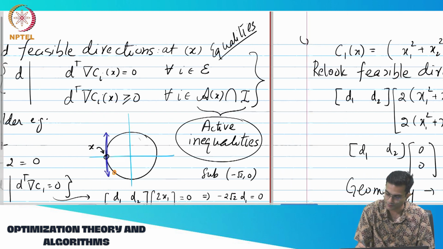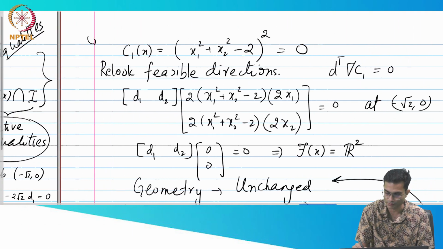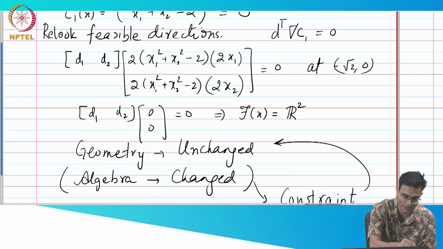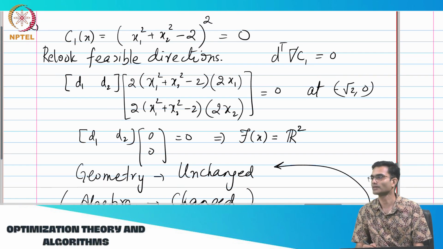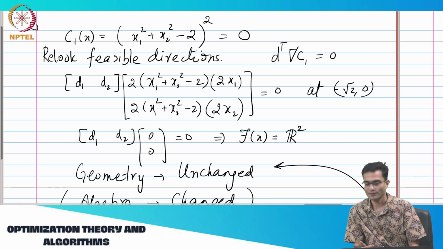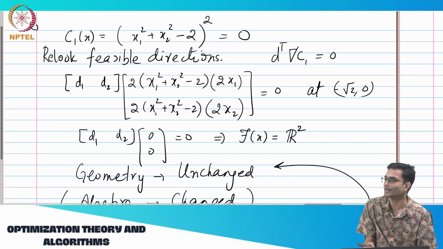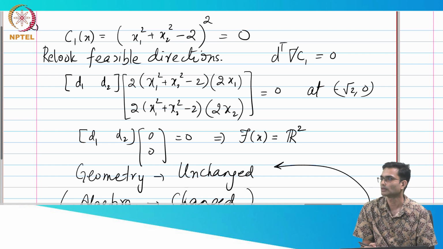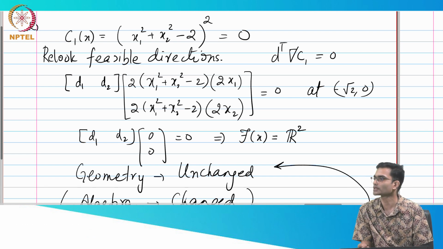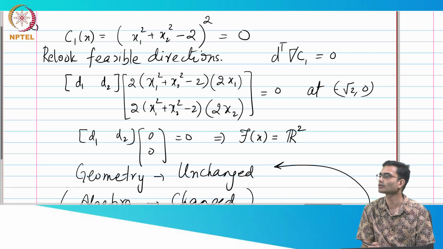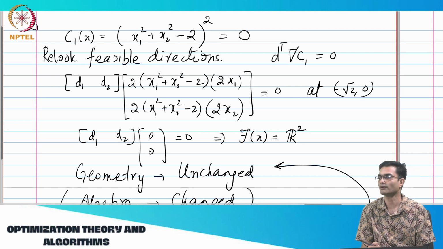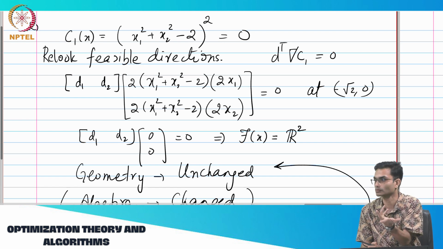Constraint qualification, well, I haven't told you very much yet. We will discuss it in the next module. What we are saying is that by changing the constraint, in this case we just squared it, we found out that D transpose grad C1 gave us nothing meaningful. It said take any direction. But we know that taking any direction here is not good, because if for example I go along the plus or minus x-axis, I will become infeasible.